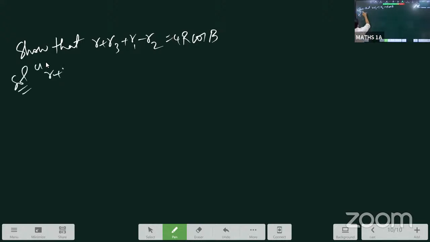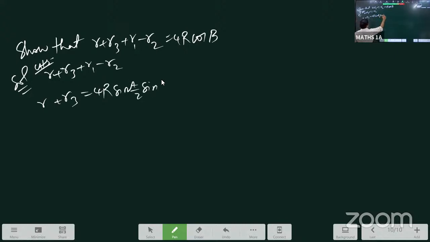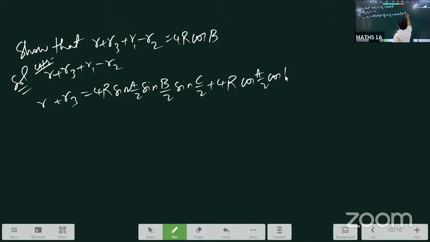first the LHS. You consider R plus R3 plus R1 minus R2. So you take R plus R3 separately. What is R? 4R sin A by 2, sin B by 2, sin C by 2 plus 4R cos A by 2, cos B by 2, sin C by 2.